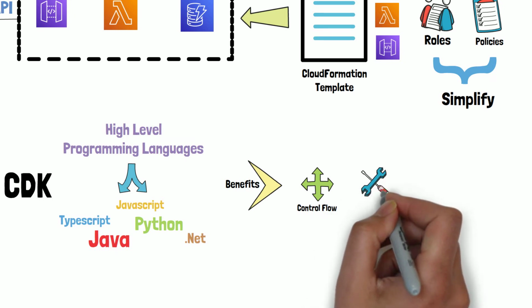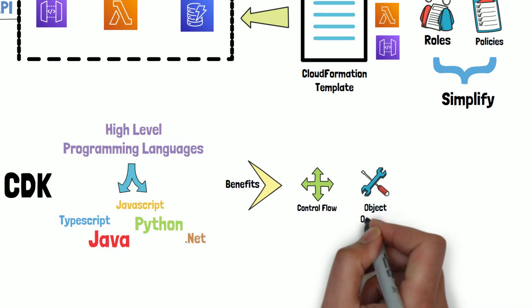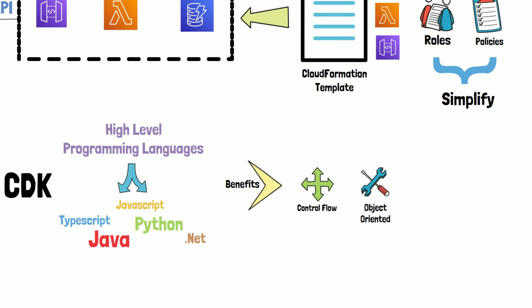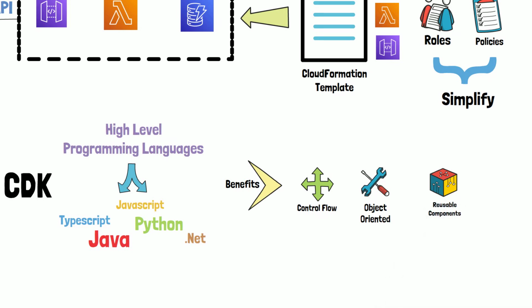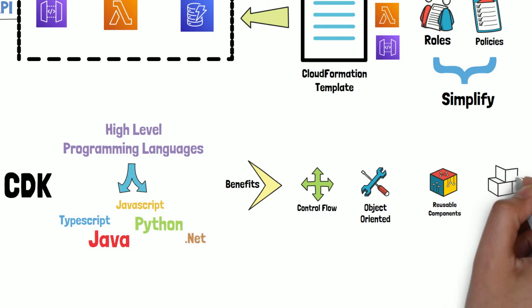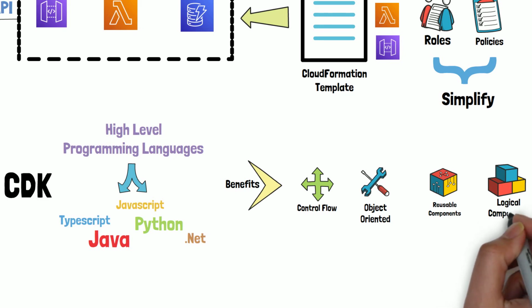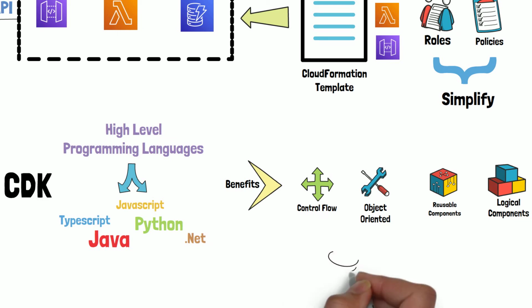All the supported high-level languages use object-oriented techniques, which you can incorporate to model your application. You can build reusable components that you can share with others in your organization. You can organize your project into simpler logical components and then combine them to build more complex applications.